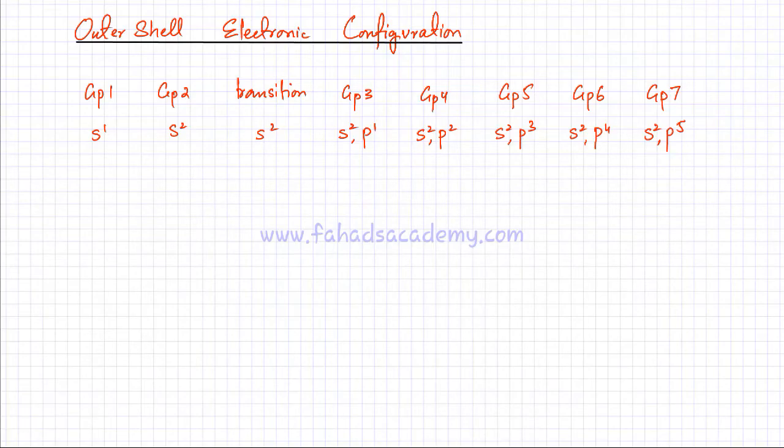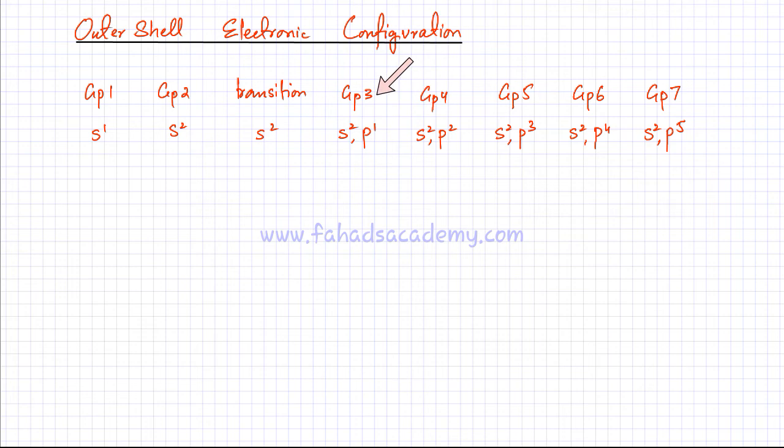Now I've drawn this table here, and it's going to tell you the outer shell electronic configuration of all the groups. As we have studied before, group 1 has an s subshell in its outermost shell, and it has 1 electron. Group 2 has an s subshell and it has 2 electrons. Transition metals also have an s subshell in the outermost shell, and they have 2 electrons in that.